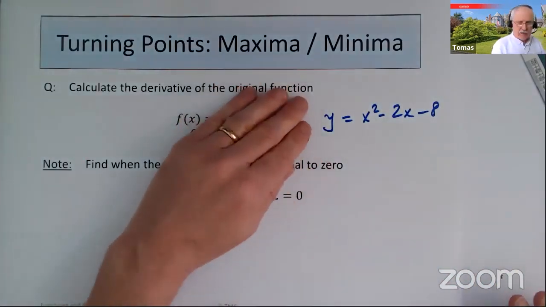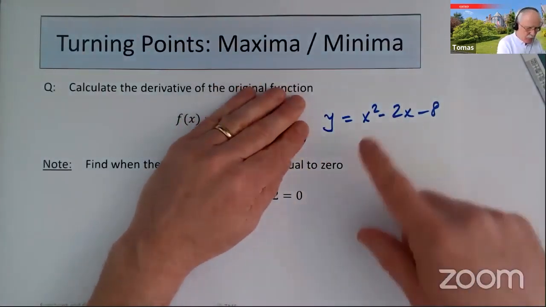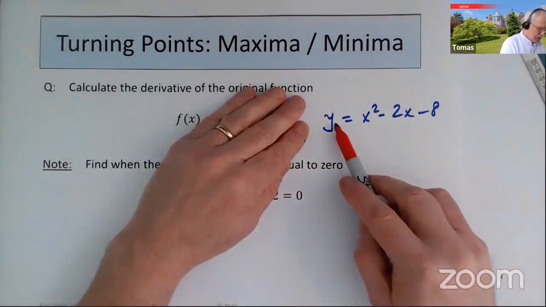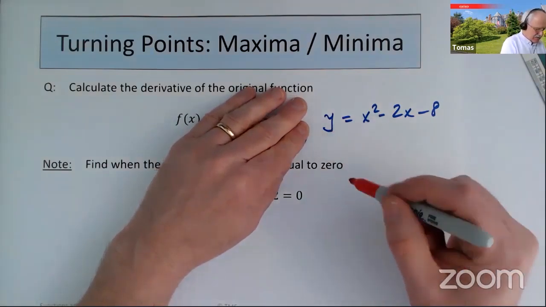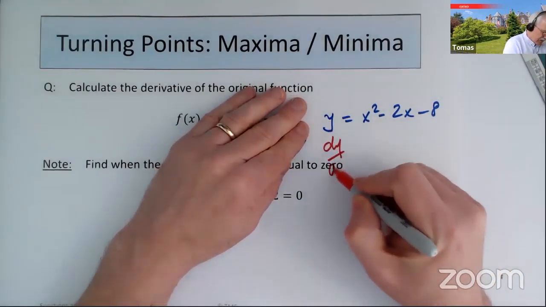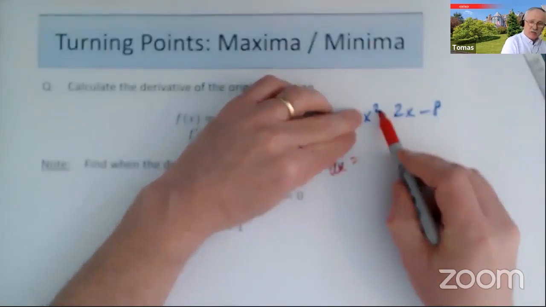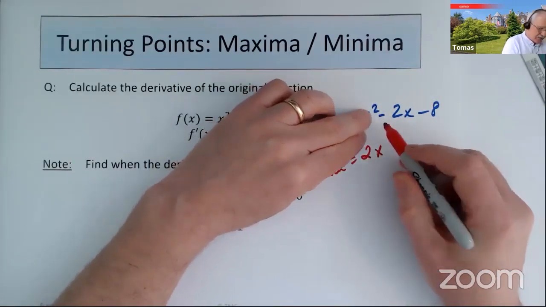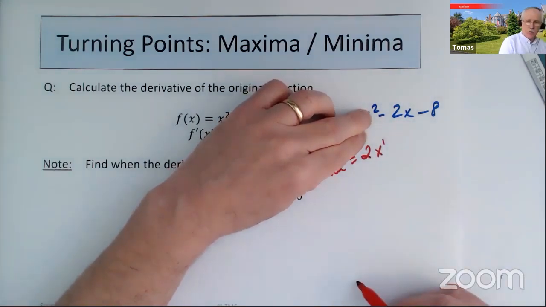Now, we'll do a topic on calculus later. But for the moment, we'll just say, let's see if we can calculate this from what we know. We have a rule in calculus for dy dx: if it's x squared, you take down the 2 and make it 2x, and you reduce the power by 1, so 2x to the 1.